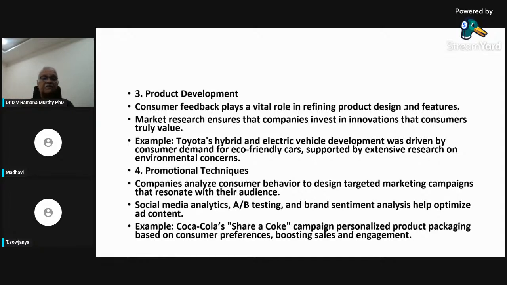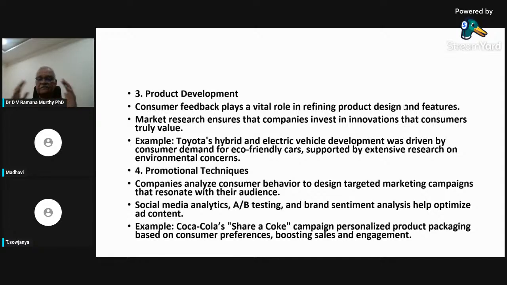For example, Toyota's hybrid and electric vehicle development was driven by consumer demand for eco-friendly cars because of the carbon footprints, no petrol, no diesel, combustion and pollution and all that. That's a major issue. So people are interested in eco-friendly cars.